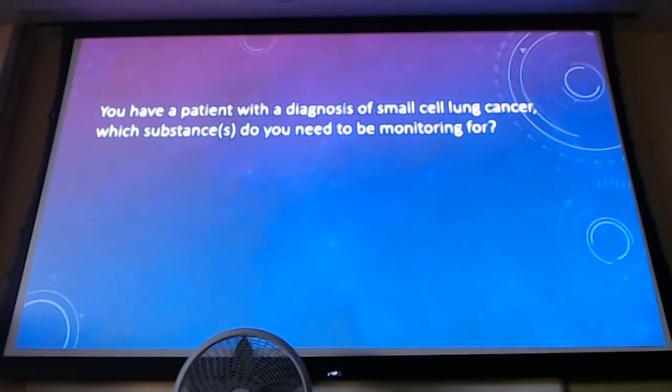Alright. You have a patient with a diagnosis of small cell lung cancer. Which substances do you need to be monitoring for? Small cell is notorious for causing what type of syndromes? You remember? ADH? Absolutely ADH. What are the things that ADH can do?